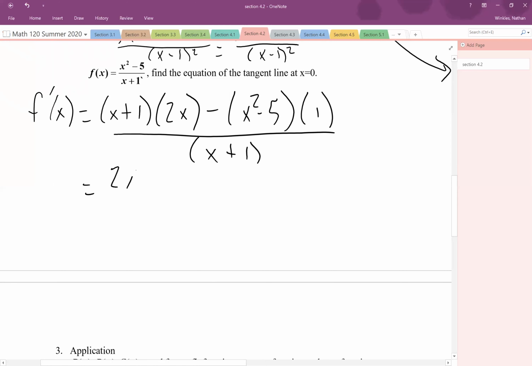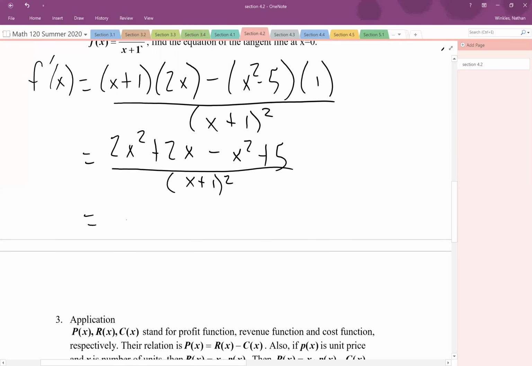So that's 2x squared plus 2x minus x squared plus 5 all over the bottom squared. So that's x squared plus 2x plus 5 all over x plus 1 all squared.